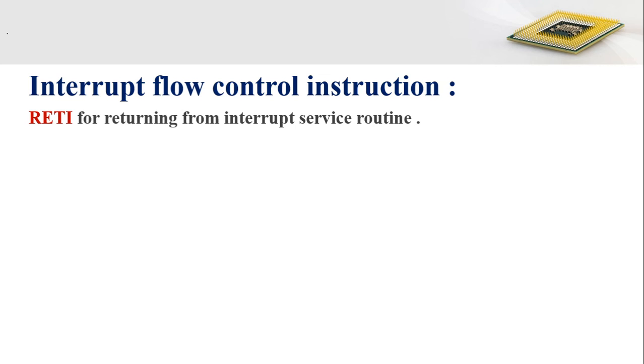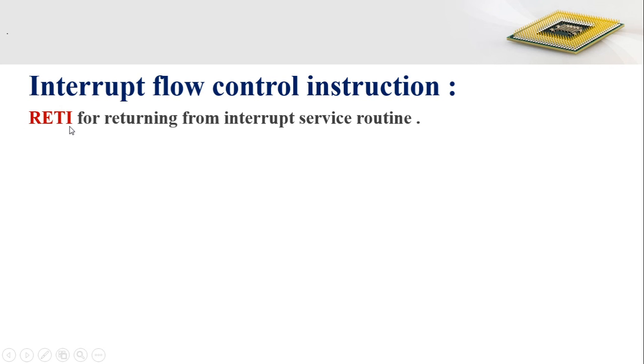Next is another type of instruction, the interrupt flow control instruction, which is RETI. That means with regard to an interrupt request, whenever the processor is ready to execute an interrupt request, it transfers the control to the interrupt service routine. At the end of the interrupt service routine, we have a special instruction, RETI, return from interrupt service routine. So the syntax is RETI instead of RET.